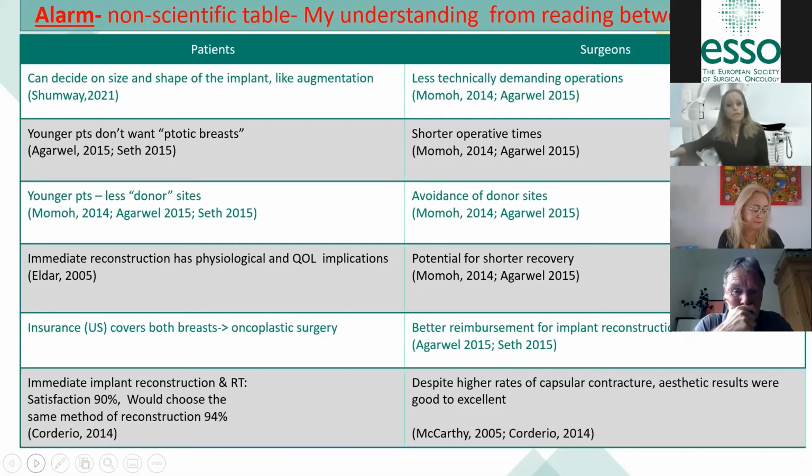In some countries, there is even better reimbursement for implant-based reconstruction. And despite the higher rate of capsular contracture, aesthetic outcome in some of the reports was good to excellent. So maybe in some cases, the implant-based reconstruction with radiation is not doing so badly.